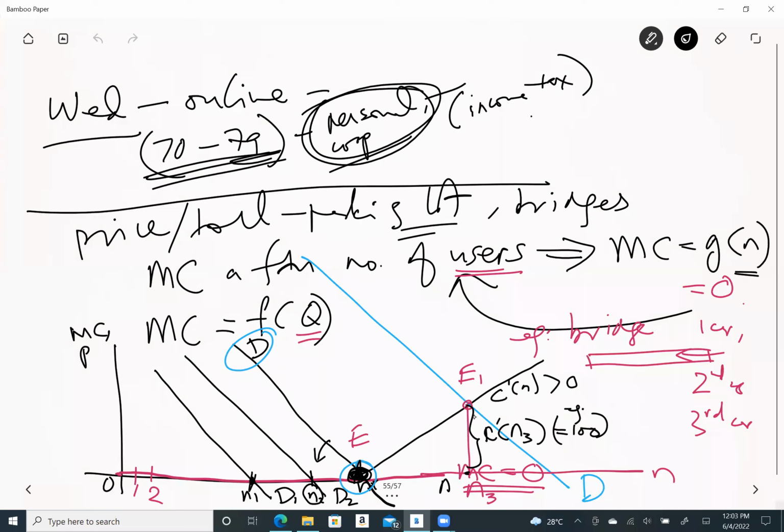The new demand function is over here, because if you charge the toll equal to C prime N3, the new demand function will intersect that point N3 on the axis. Call it D3, since I have D1 and D2.